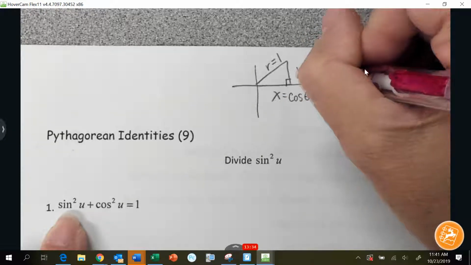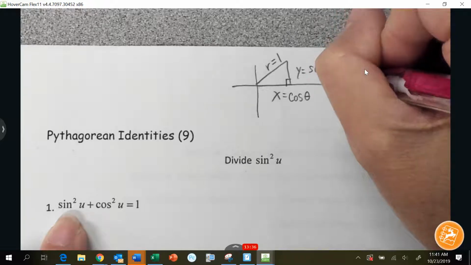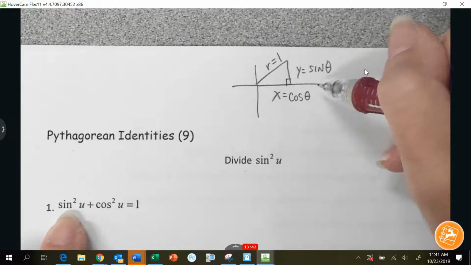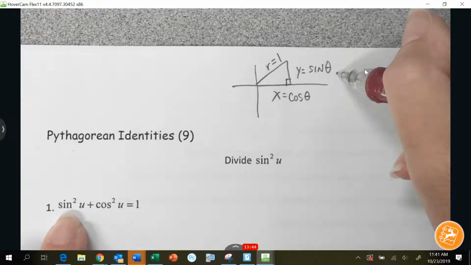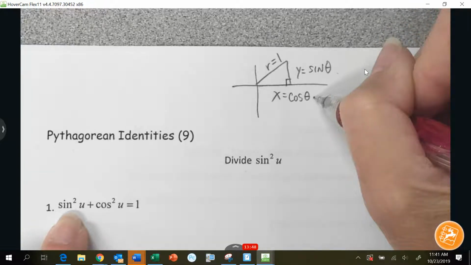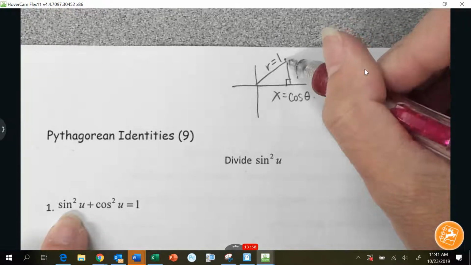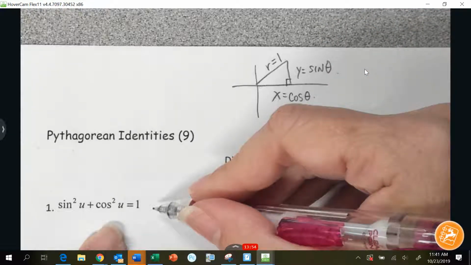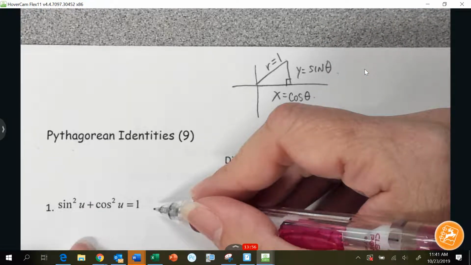Cosine. Y is sine. So if I do Pythagorean theorem with this triangle, then I have sine squared theta, or u, plus cosine squared u equals 1 squared, which is 1. So this is the Pythagorean theorem written with trigonometry.